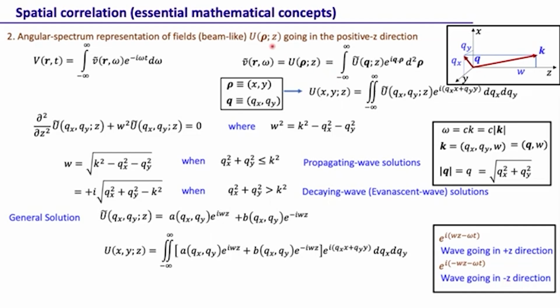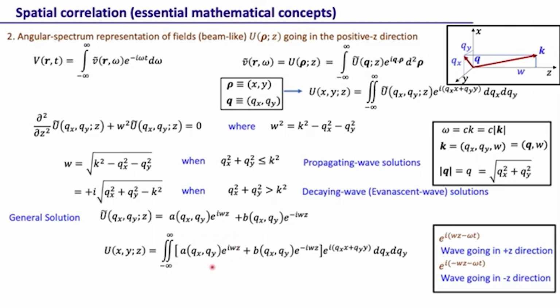Since we are interested in waves going in the positive z direction, we will only look at this type of term, which is e to the i (omega z minus omega t). This other term is real and physical, but it is going in the negative z direction, and we are not interested in it. We are only interested in things that are going in the positive z direction.